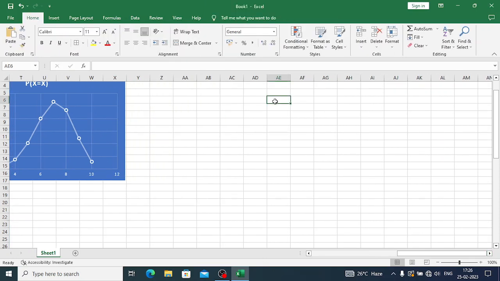Now what is the normal distribution? It is a continuous distribution where x ranges from minus infinity to plus infinity, and the probability density function for the normal distribution is given by a somewhat complex formula: 1 upon square root of 2 pi sigma, e raised to minus (x minus mu by sigma) squared, and so on. Now what are that mu and sigma? Mu and sigma are the parameters of our distribution.